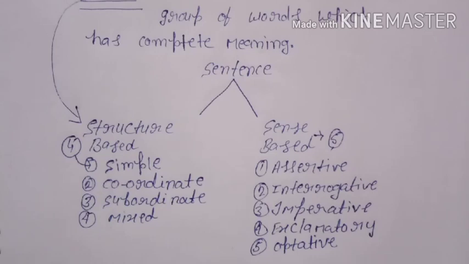Now this is a basic term or basic grammar or basic knowledge to understand the language English. Now I want to tell you about the structure of language English. What is the structure?